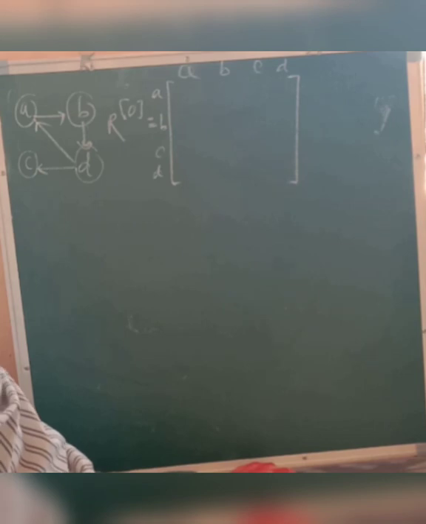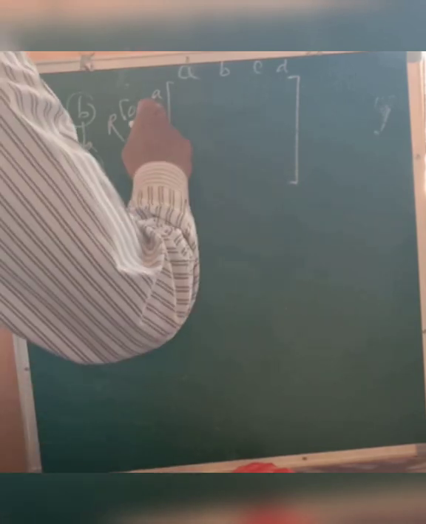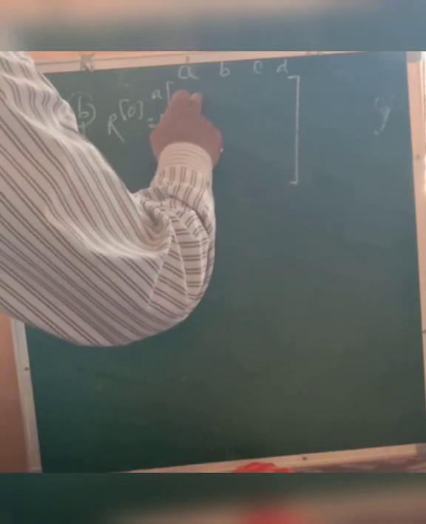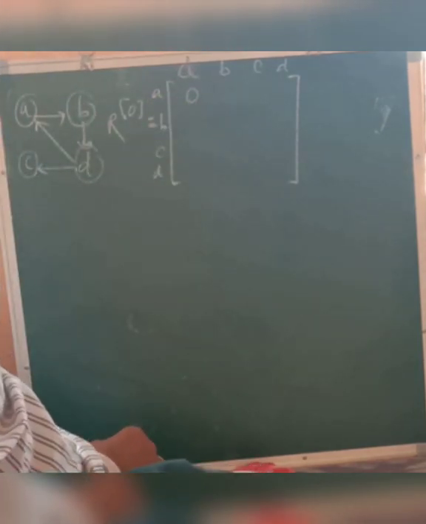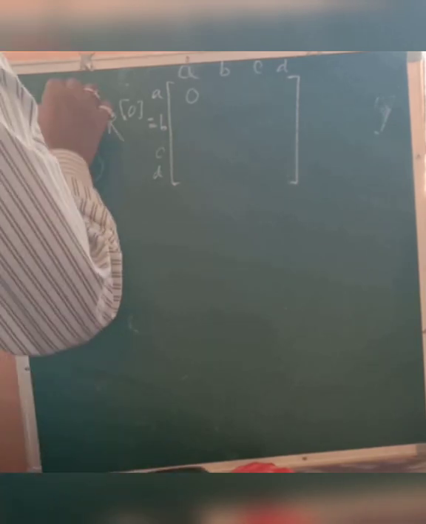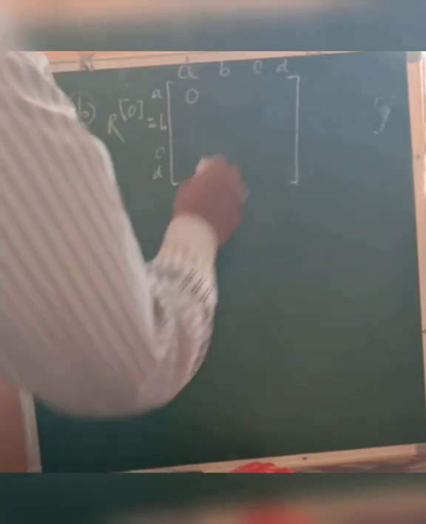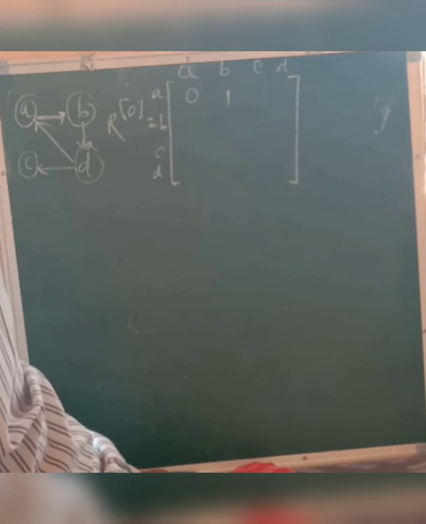So for A to A, I will put 0. In the 0th recurrence, A to B is 1.